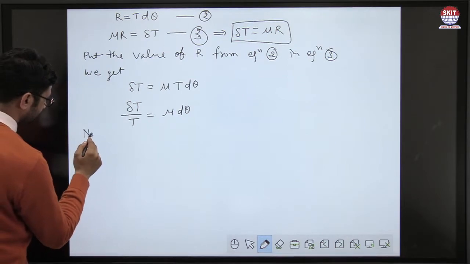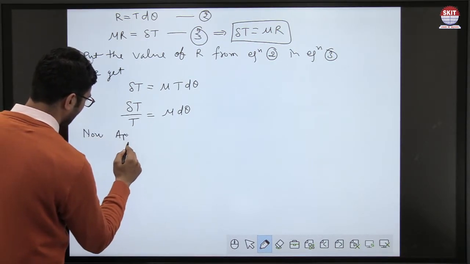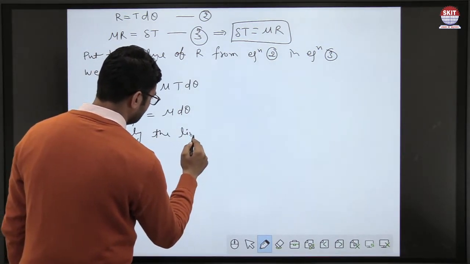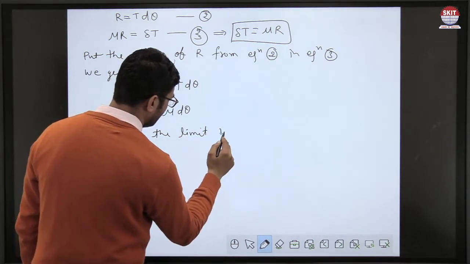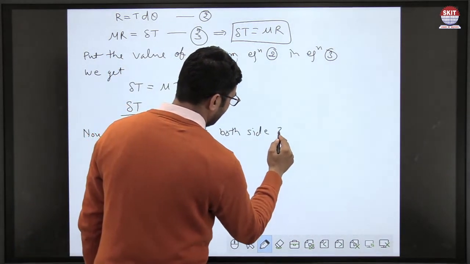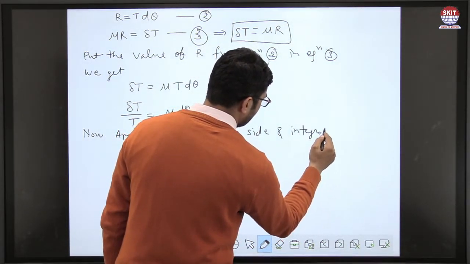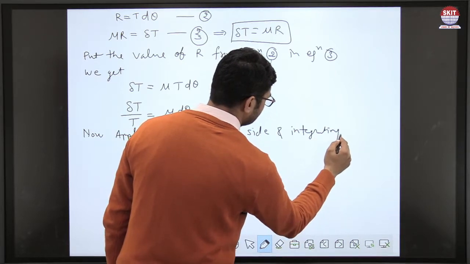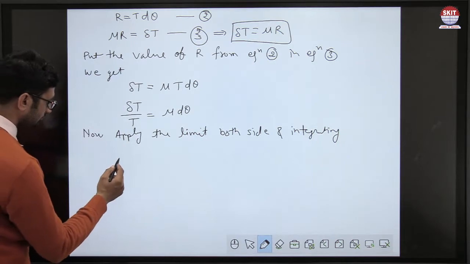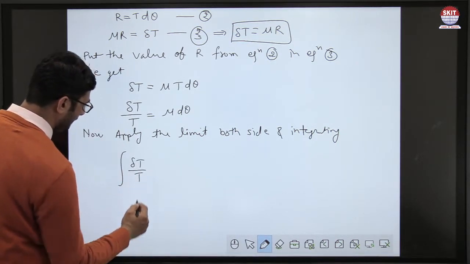Now apply the limit on both sides and integrate delta T upon T. We apply the limit.